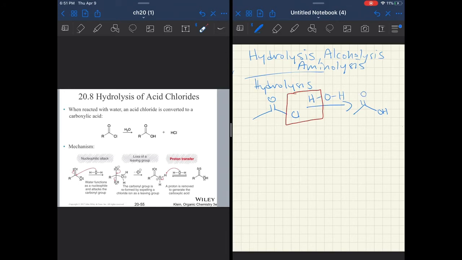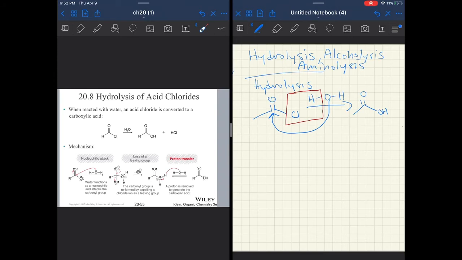If you notice, there is no acid catalyst here. And that's interesting, right? Because water is not considered a strong nucleophile. We needed an acid catalyst when we had aldehydes and ketones. But there's something special about that acid chloride. It's really reactive, right? It's way more electrophilic, so you actually don't need the acid. The water will attack this highly reactive carbonyl all by itself.